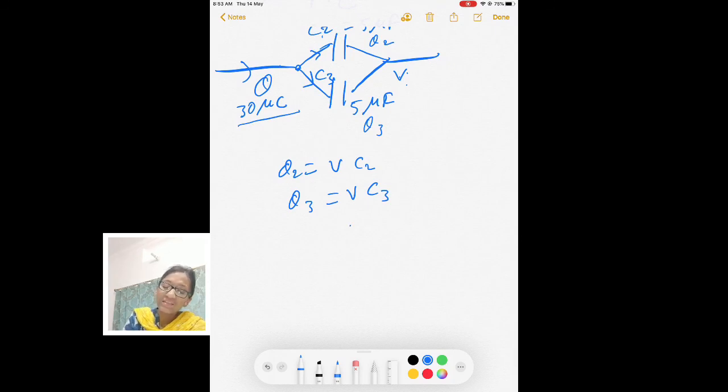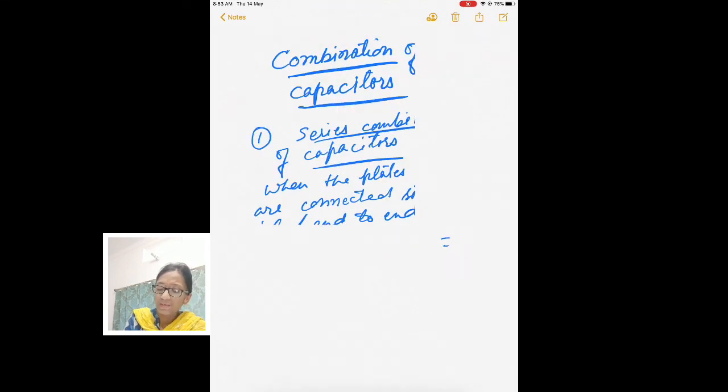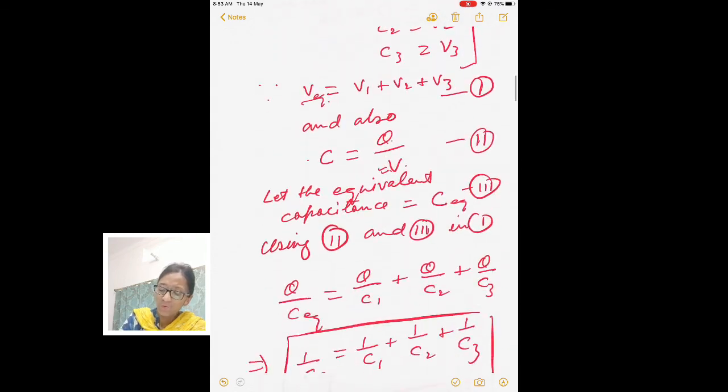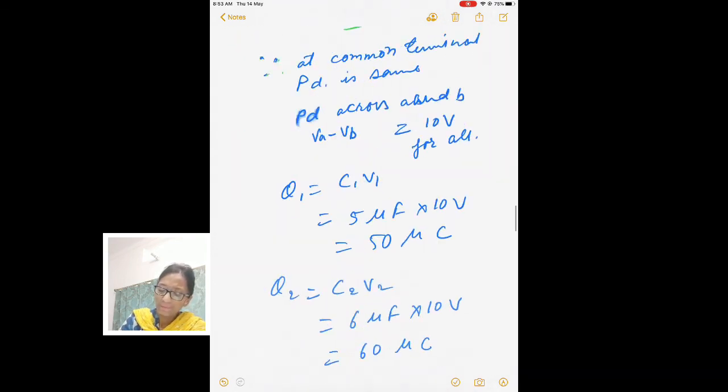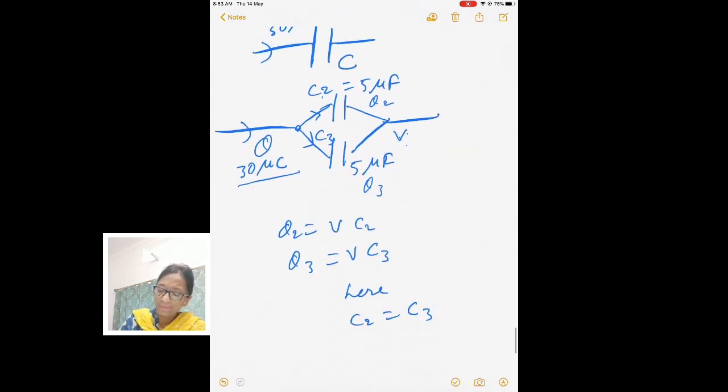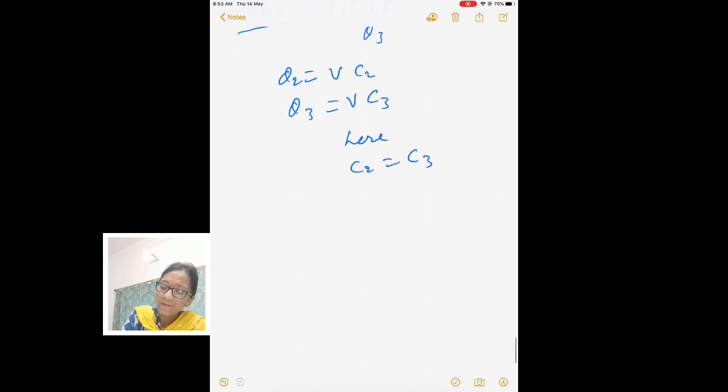Here since the capacitances are same, C2 is equal to C3 is equal to C. Therefore Q2 is equal to VC, Q3 is equal to VC, same.